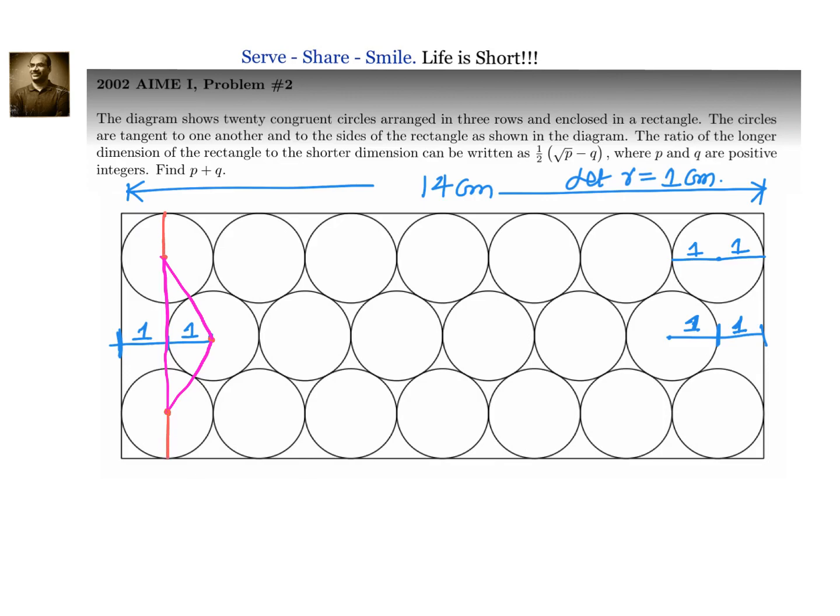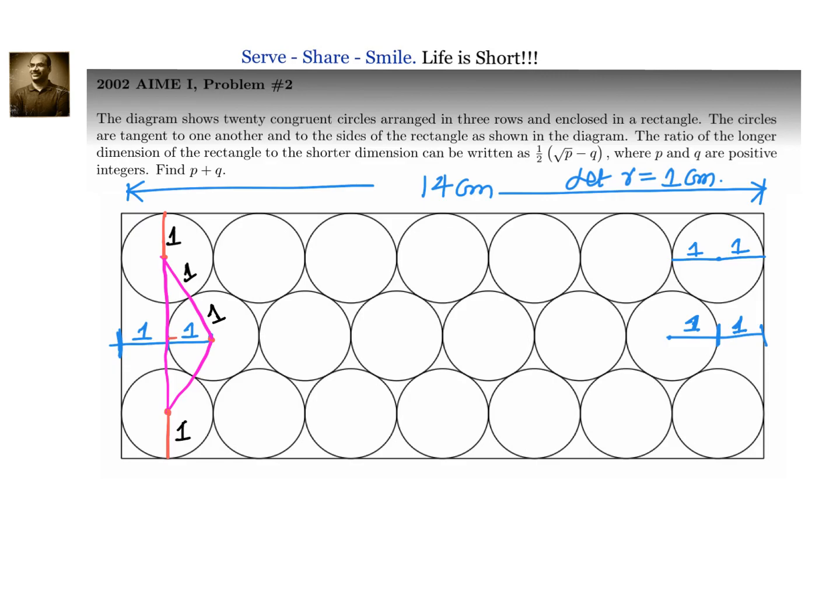Now what values do we know? Let's write down that. We know that this is 1 centimeter because it's the radius. This is also 1 centimeter, that is radius. And this is also radius 1, this is radius 1. So if you observe, we have a triangle here where we have 90 degrees, obviously, because a tangent always makes 90 degrees at the point of contact.